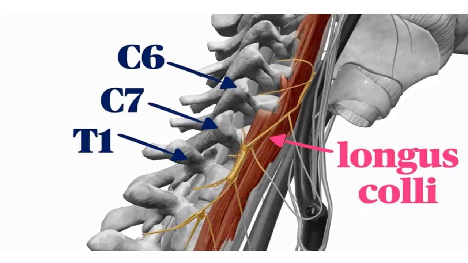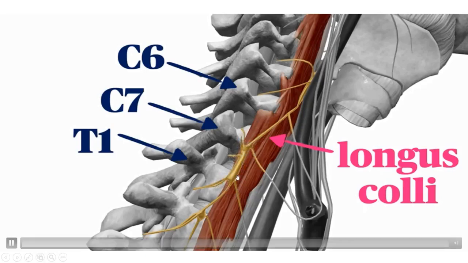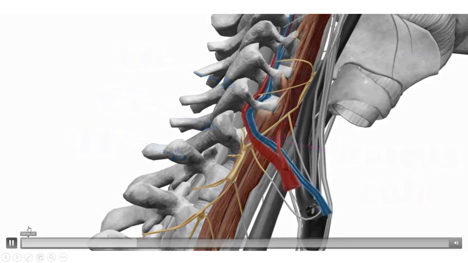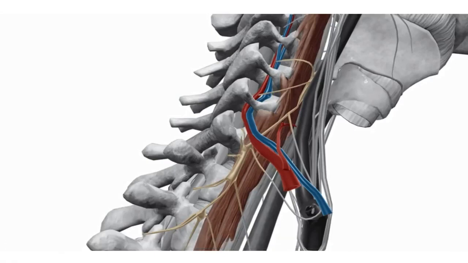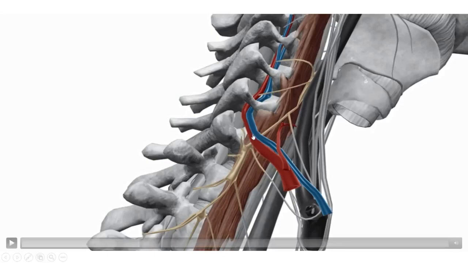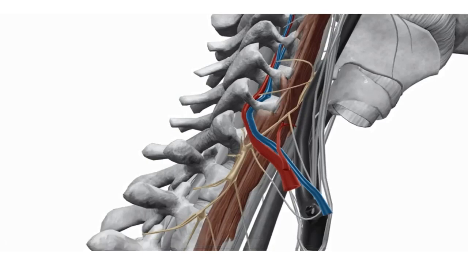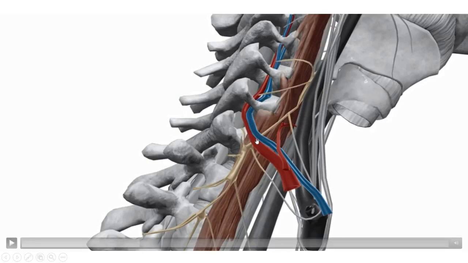The most important thing is that the stellate ganglion is associated with very crucial structures. For example, here you can see the vertebral vessels, the vertebral artery and the vertebral vein. The vertebral artery usually ascends and enters the foramen in the transverse process of the C6 vertebra. Here you can see the C6 vertebra, with the vertebral artery and vein entering the foramen transversarium.